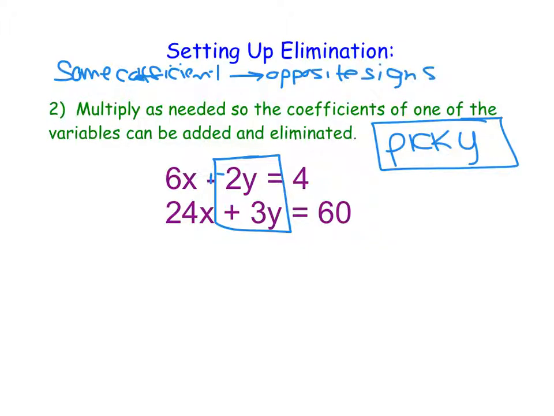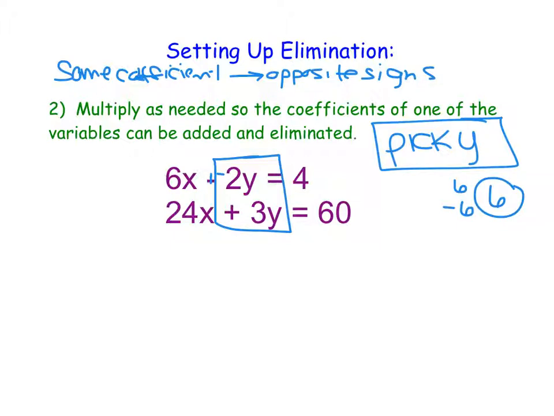So I like to think, if I had a denominator of 2 and a denominator of 3, what would my common denominator be? That would be 6. So my goal here is I need one of these two to have a coefficient of a positive 6 and one of them to have a negative 6.